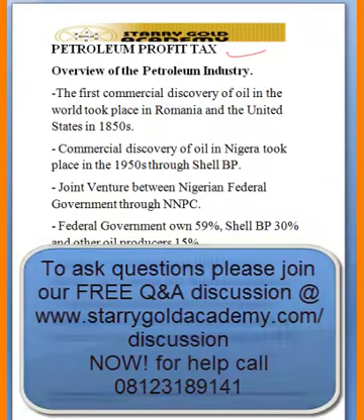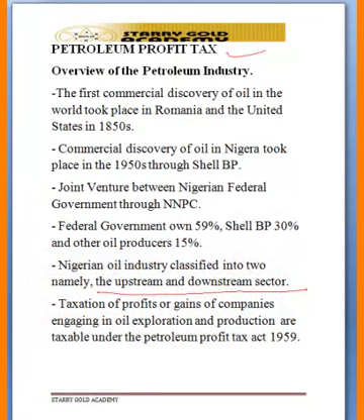The upstream sector involves all the activities carried on in exploration, development, and production of crude oil from its natural state. Exploration, that's discovery, trying to bring out the crude oil in its natural state from the ground. That is the upstream sector.